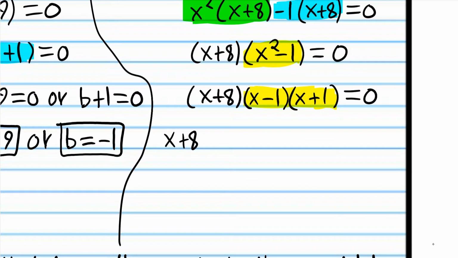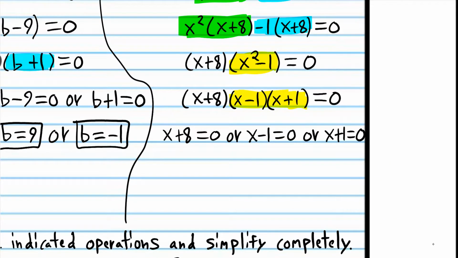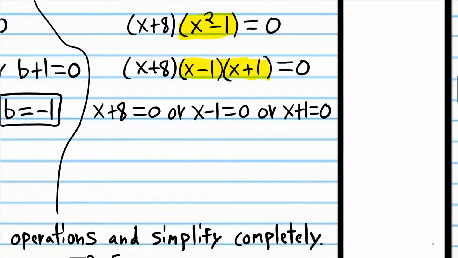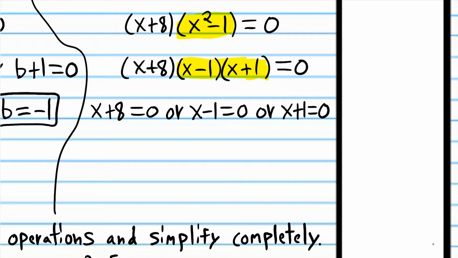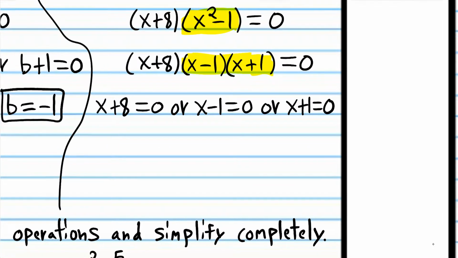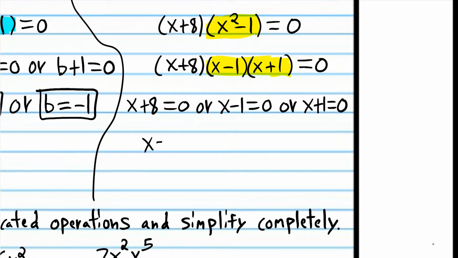So we know that if x plus 8 is 0, then that makes the equation true, and we know that if x minus 1 is 0, that makes the equation true, and we know if x plus 1 is 0, that makes the equation true. So the big question is, what is x? What are the x values that make the equation true? Well, you just solve these equations.